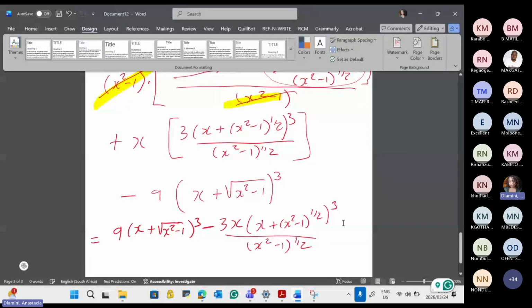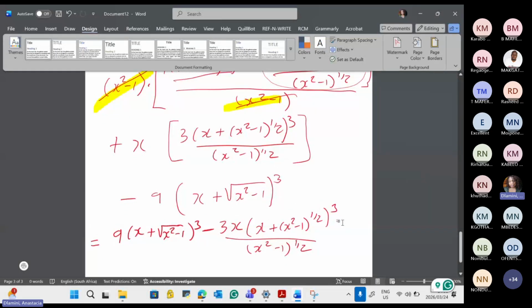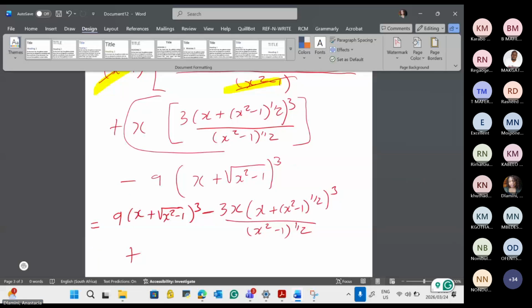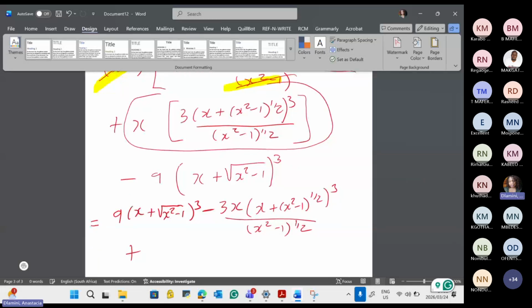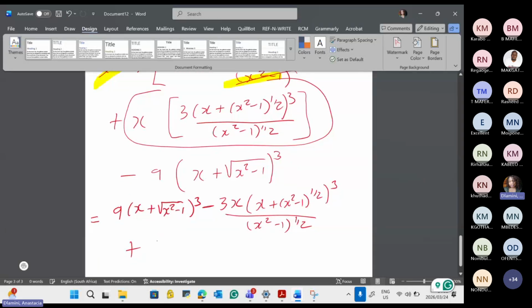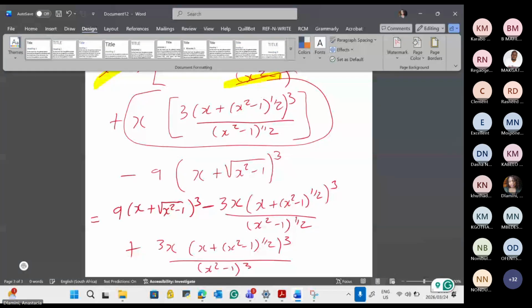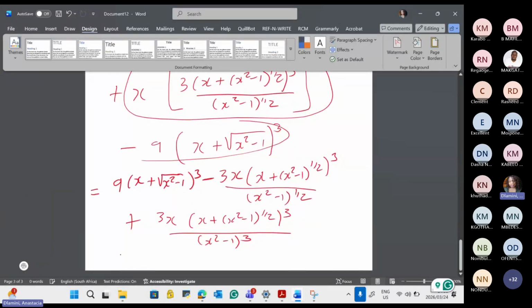And then plus this one over here, which is 3x times (x plus the square root of x squared minus 1) to the power of 1 over 2, over (x squared minus 1) to the power of 3 over 2. Minus this one, minus 9 times (x plus the square root of x squared minus 1) to the power of 3.